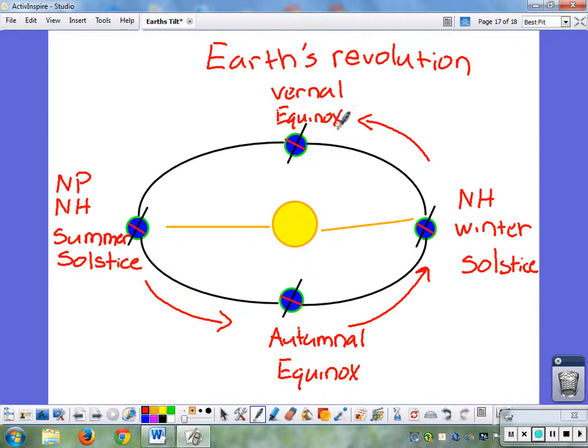Now this diagram right here should help us to understand why the sun appeared to be at different positions in the sky. If we look carefully at the position of Earth on the left-hand side, we can see that the sun's rays are coming in at a much more direct angle in the northern hemisphere. That would position the sun more directly overhead.